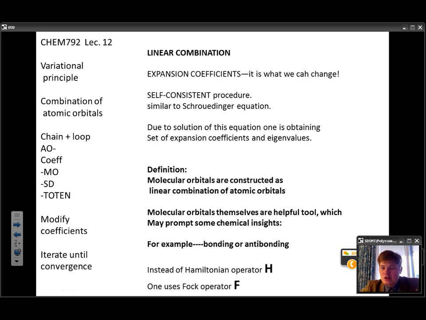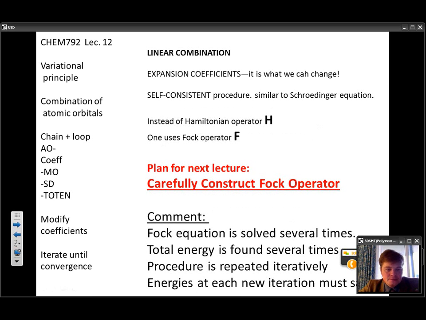The difference is that it is a one-electron operator, but it does contain some features of multi-electron interaction. Therefore, the letter F is used. So you recognize the difference and be sure that we are working with the Hartree-Fock method.